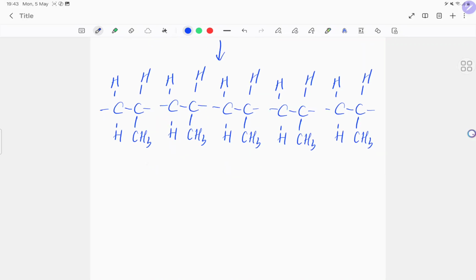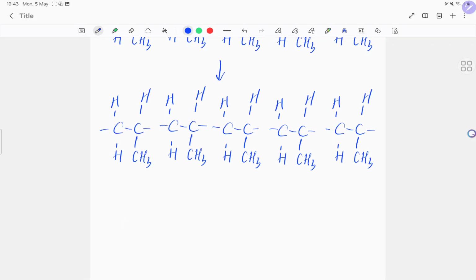Then the carbon with a 3 bond right here will connect to the carbon with a 3 bond right here, and make a very long chain of polymer. See, it is very long.